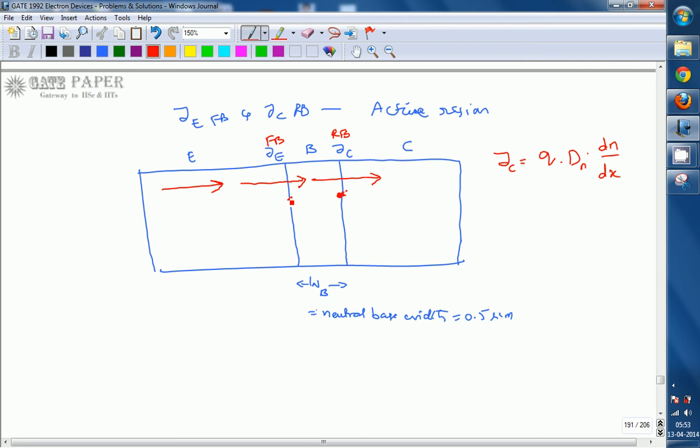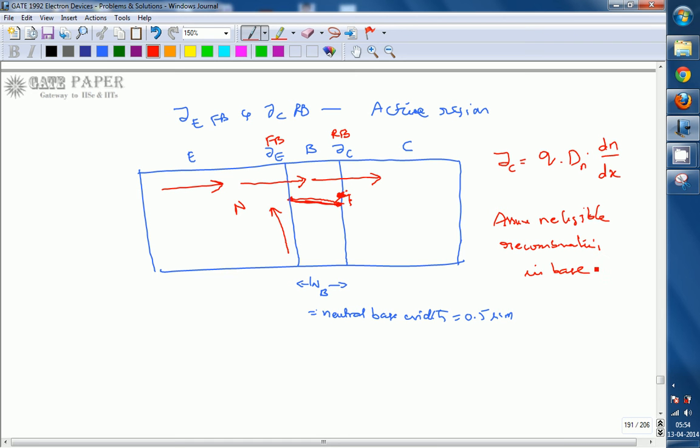Let us assume the x-axis and the electron concentration N. By the end of the base the electron concentration may be reduced very slightly, so the difference between these two is very, very small. So assume negligible recombinations in the base. Are you understanding this?